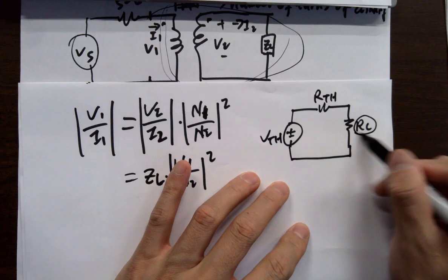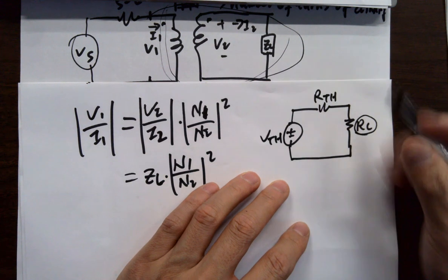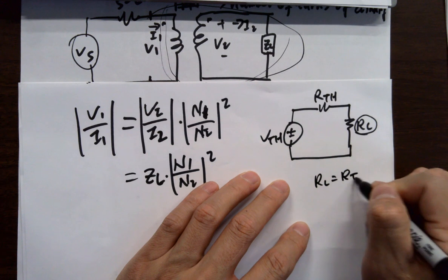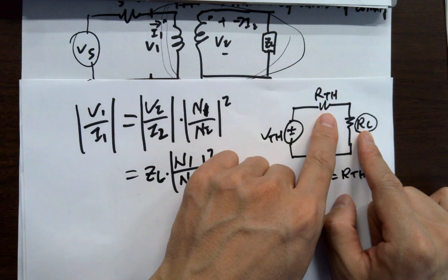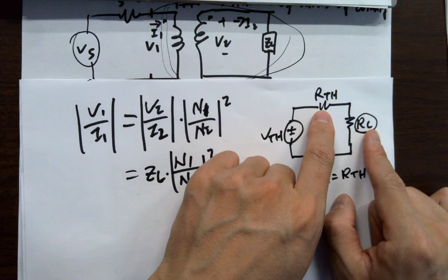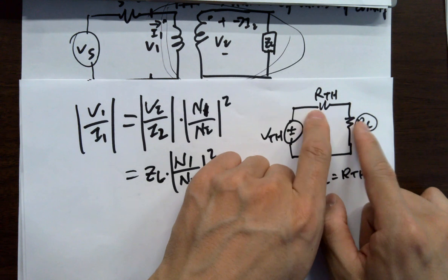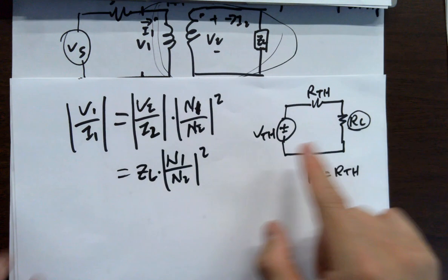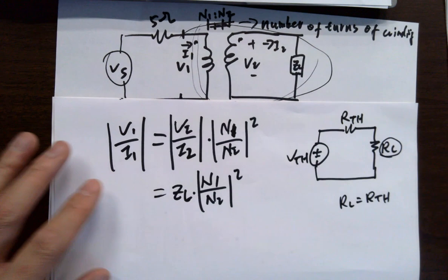So choose RL to maximize the power delivered to the load. Usually we have RL equals RTH. So it's basically you have your RL equals whatever resistor over here of the equivalent circuit. That's a conclusion we can directly use. Okay. So if this and this are equal, it's maximizing the power delivered to the load. Keep that in mind.